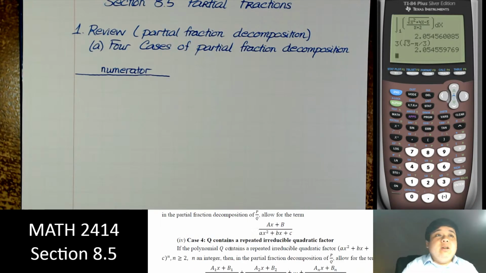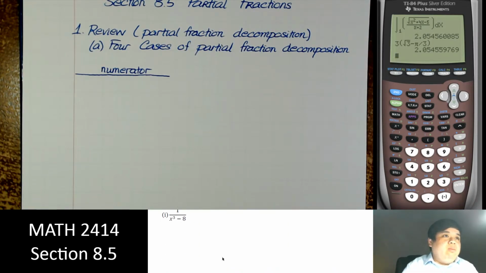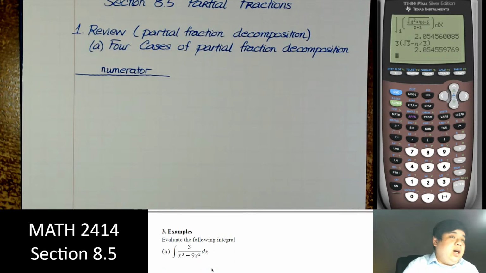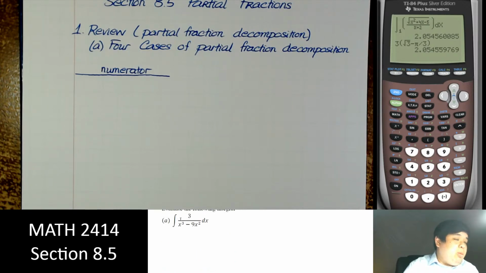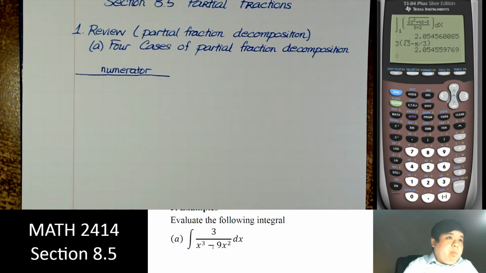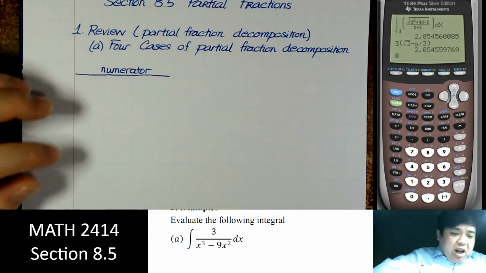So the idea of the partial fraction is, after we know the partial fraction, we break this fraction into a bunch of little fractions where we integrate each little fraction. So the idea is simple.